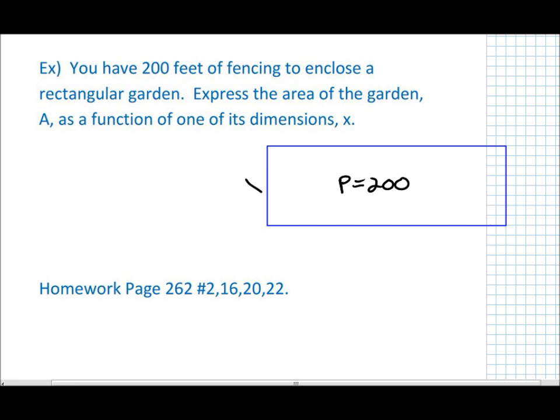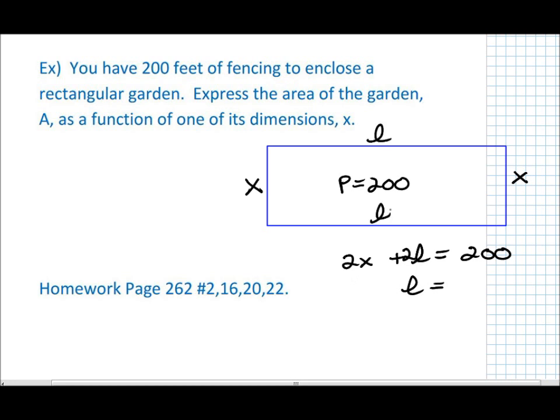So whatever, let's say the width is x, right? So that means if that's x and that's x, think of it this way. 2x plus the length is equal to 200. So that means the length, and remember you have two lengths.